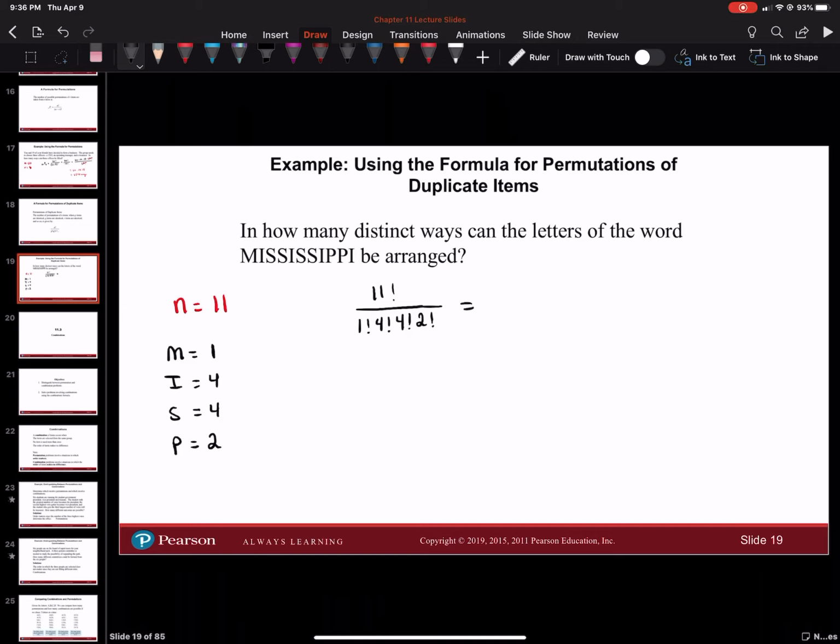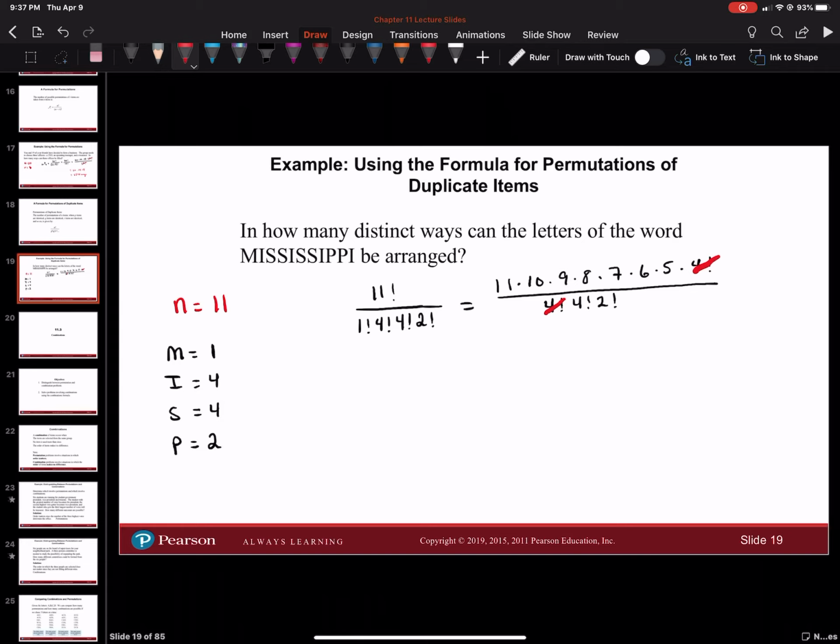Then we have 11 times 10 times 9 times 8 times 7 times 6 times 5 times 4 factorial. Now, understand that when you divide and multiply by 4 factorial, you can only get rid of one of the 4 factorials. So you'll get rid of this factorial and this one.